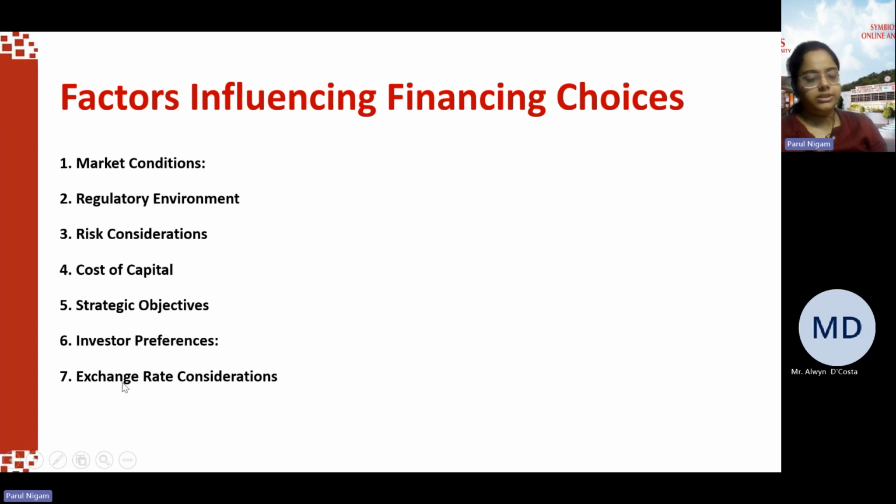So investor preferences definitely impact the financing choices. Then exchange rate considerations. If the exchange rate is very fluctuating, then investors will be very averse to taking international funding. So yes, it significantly impacts the decisions of funding.